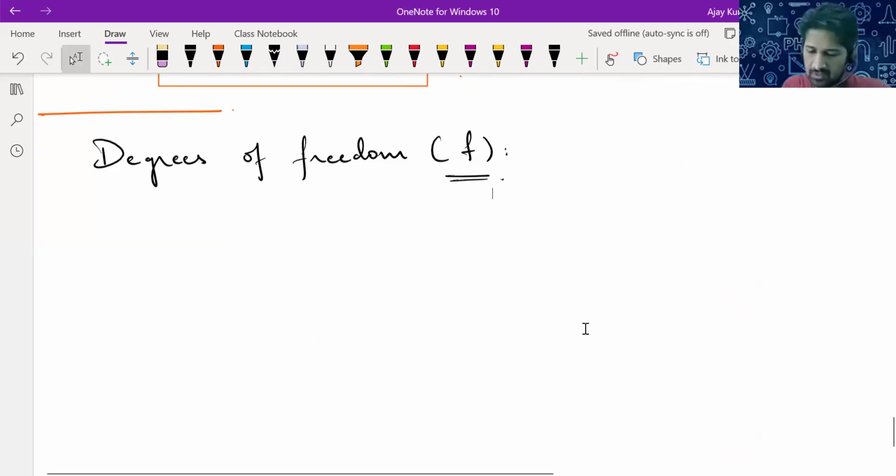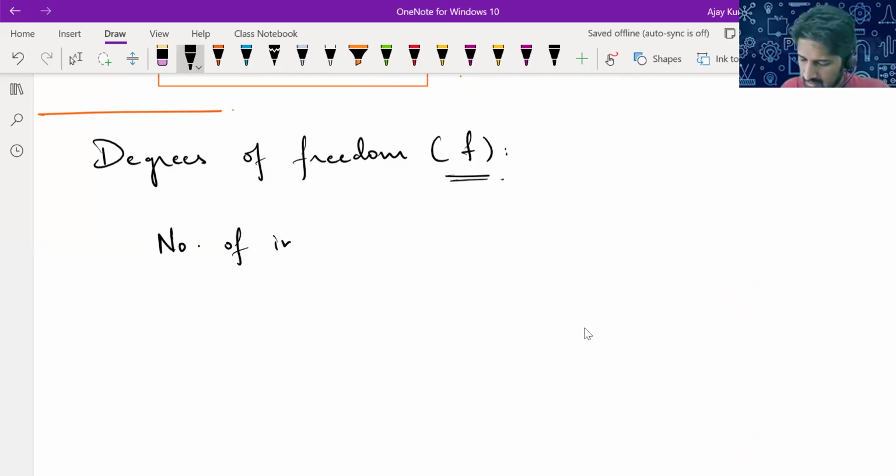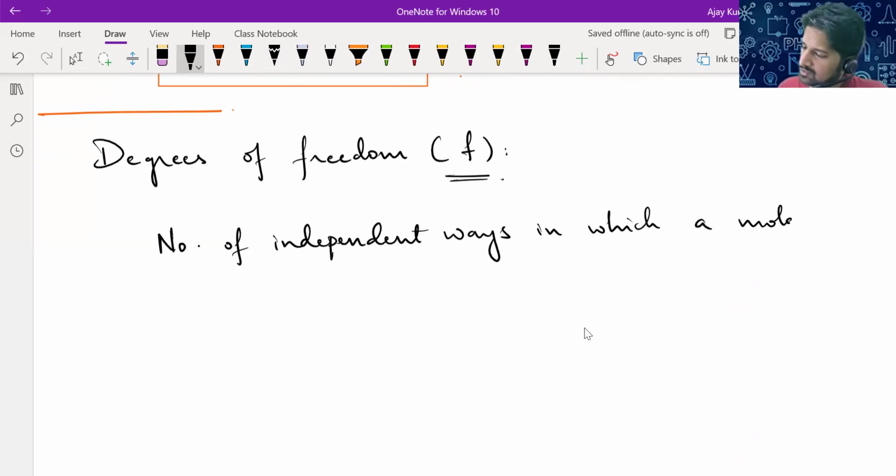Degrees of freedom basically mean the number of independent ways in which a molecule can store energy. Okay, that is what we call as its number of degrees of freedom in which a molecule can store energy.